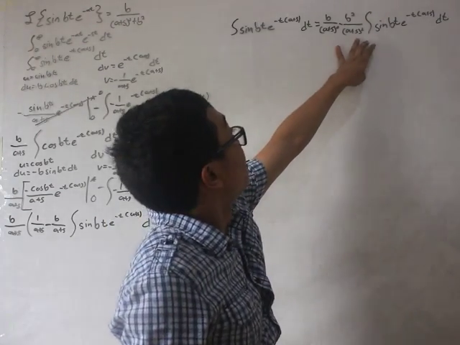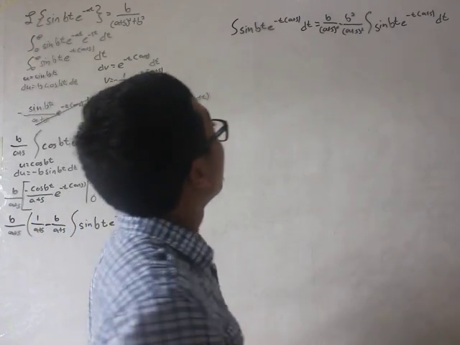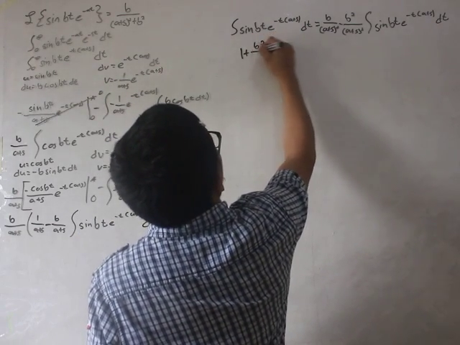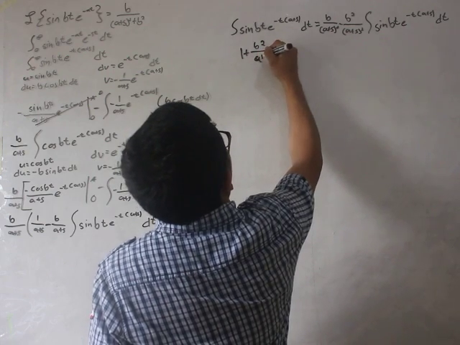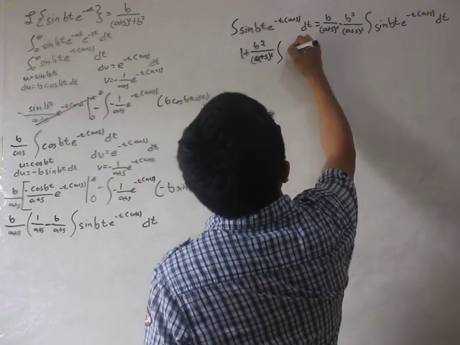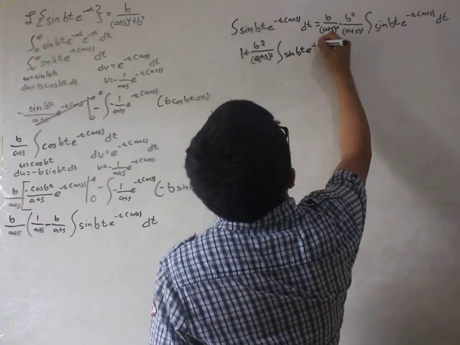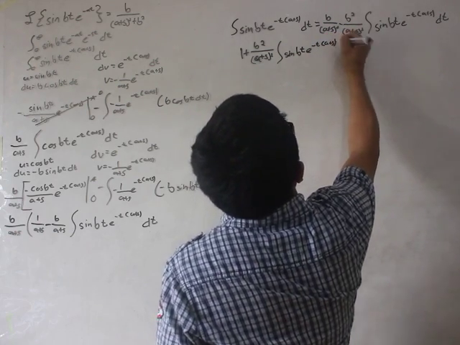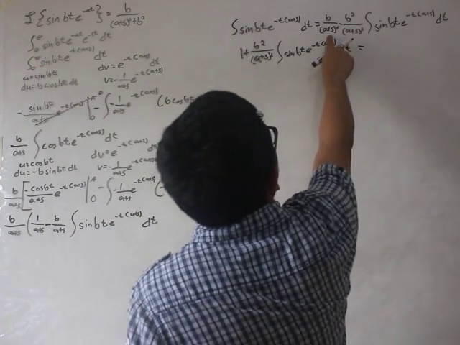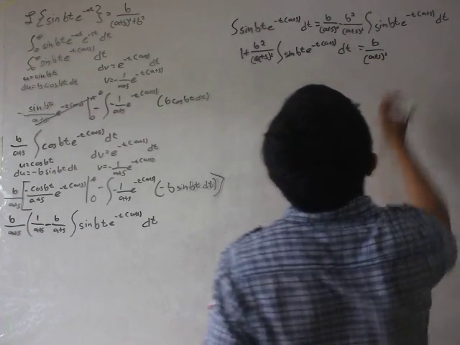And then we will transpose this to this part of the equation, then pull out like terms. So we have (1 plus b squared over (a plus s) squared) times the integral of sin bt e raised to negative t(a plus s) dt is equal to what's left of this part of the equation, b over (a plus s) squared.